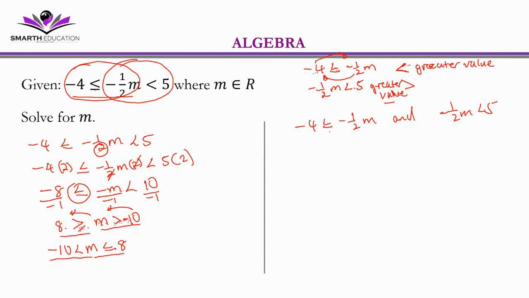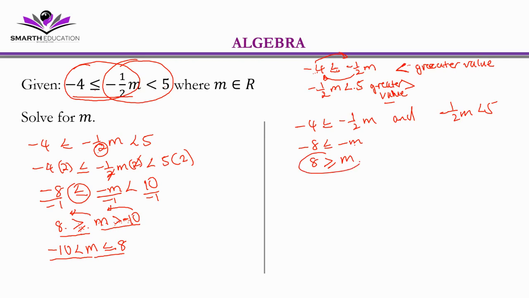We multiply by 2 on both sides, so it becomes -8 less than or equal to -m. Then we divide by -1, so it becomes 8 greater than or equal to m. Remember, when you divide by -1, the inequality sign changes.